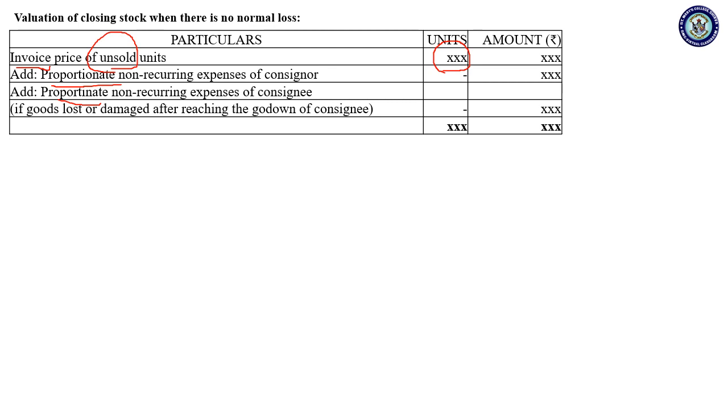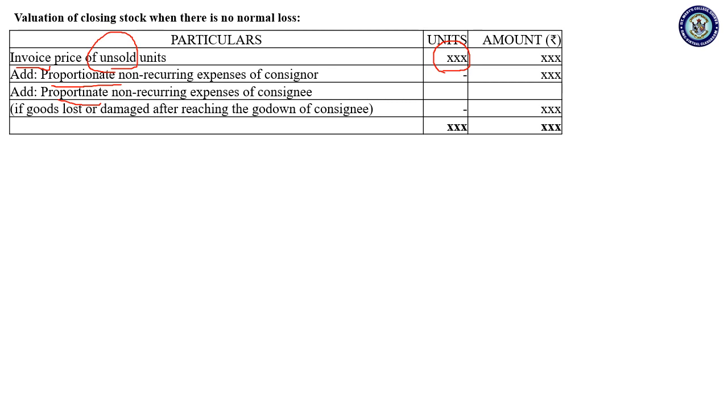In the last format you took the cost of goods consigned, that means the total units, so that time the total expense was taken. Here you are taking only unsold units, that means proportion, only as much as is incurred for the unsold units. And this is very important.